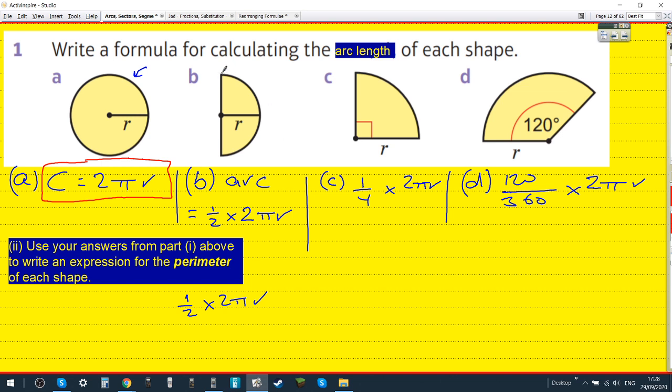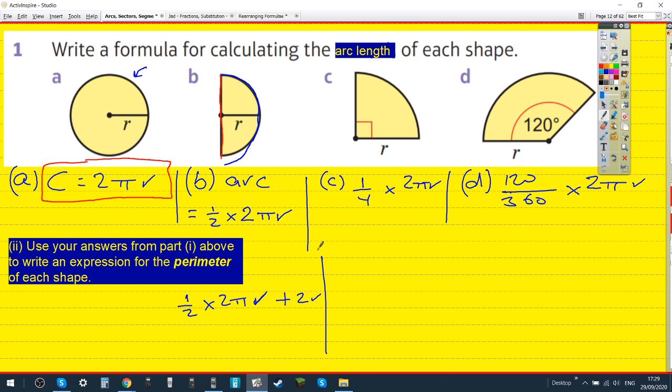You need to add the outside. I don't really know. It would basically be arc plus, in this case, diameter, 2 radiuses. And so that would be a half times 2 pi r plus 2 more radiuses.